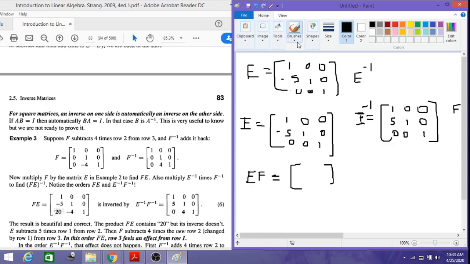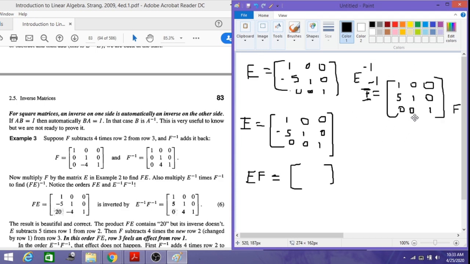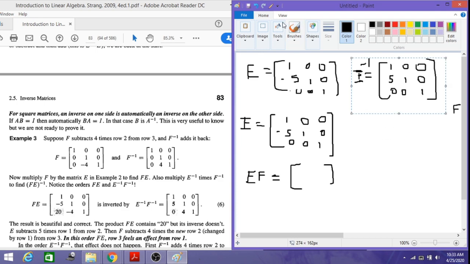I'll shift this and bring in my E inverse, let it be there. Now F is 1 0 0, 0 1 0, 0 minus 4 1.